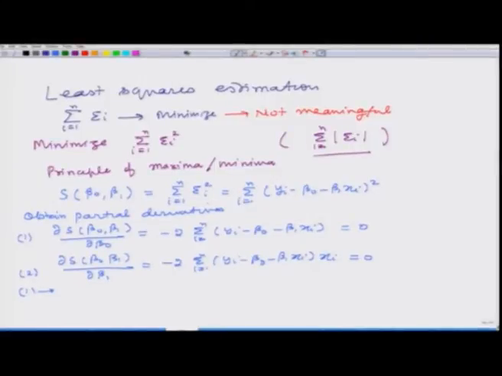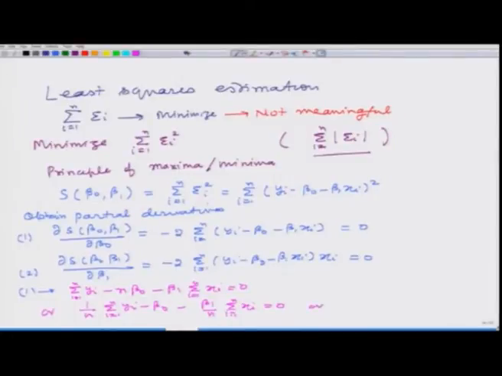Okay. So, if I try to solve equation number 1, this can be obtained as follows. Once I open the bracket, this gives me summation i goes from 1 to n of y i minus n times beta 0 minus beta 1 times summation i goes from 1 to n of x i, equal to 0. Or I can write this as summation i goes from 1 to n of y i, minus beta 0 minus beta 1 over n summation i goes from 1 to n of x i, equal to 0.